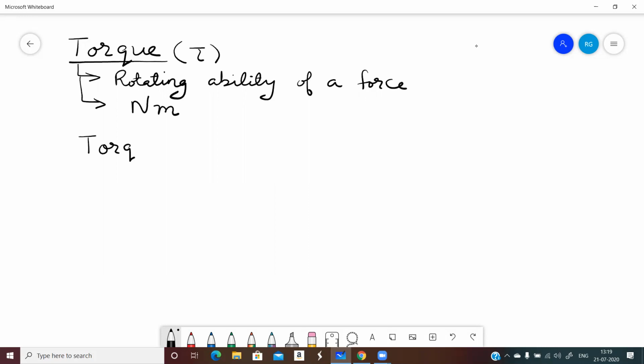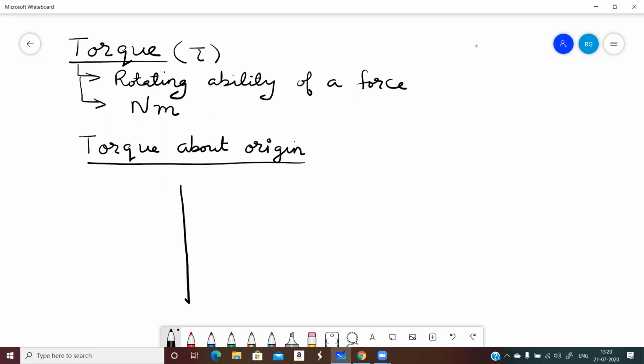Suppose we have to find the torque about the origin. So suppose I am making the x-axis and the y-axis, and this origin is the axis of rotation, and I have to find the torque about this axis.